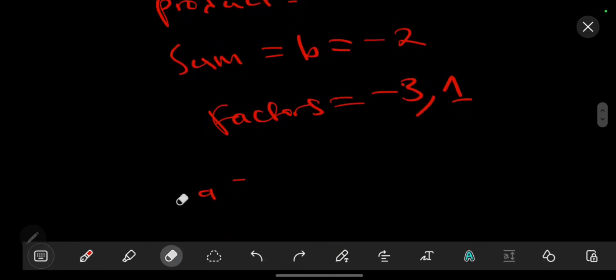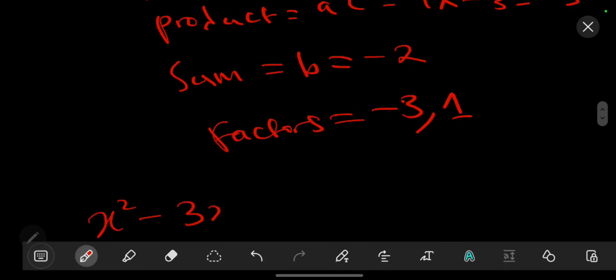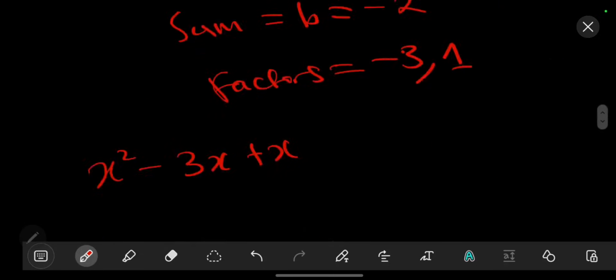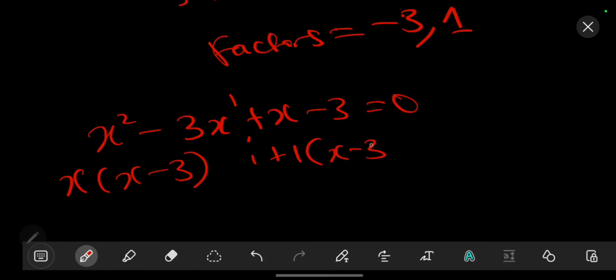We are going to have x squared minus 3x plus x minus 3 should be equal to 0. So x is common, then we have x minus 3 and plus 1, then we have x minus 3 should be equal to 0.